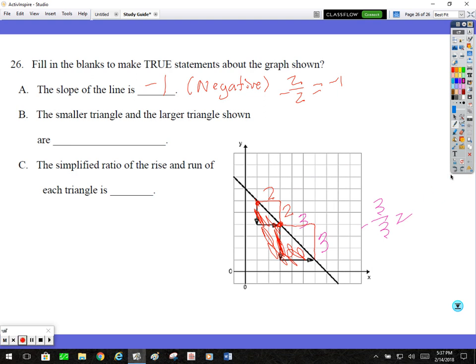Okay, give me just a second. Let me fix this. Okay, so we're going to reduce that to negative 1. My pen's not wanting to cooperate with me today. Okay, give me just a second.